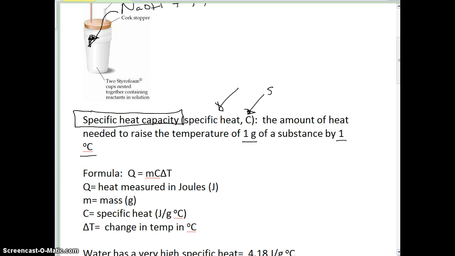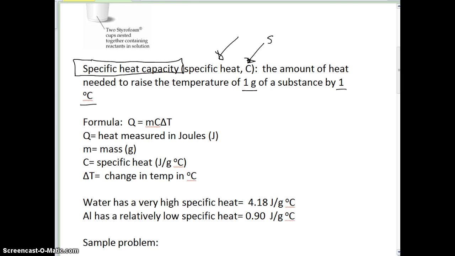And so let's talk about the formula that we're going to use with specific heat capacity. And that's this formula here, Q equals mc delta T, and you probably remember seeing this one in general chemistry. We're just going to review it real fast. We can also use for this Q, delta H, which is enthalpy. We kind of use those interchangeably depending on if pressure is constant or not.